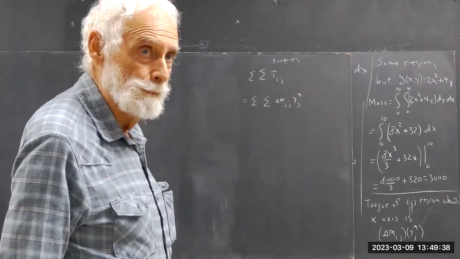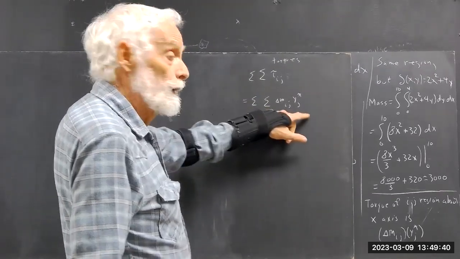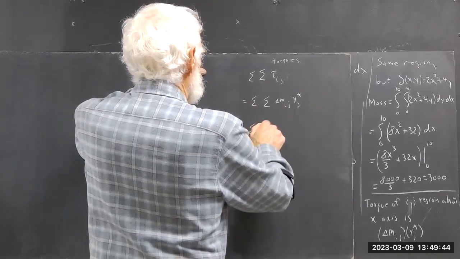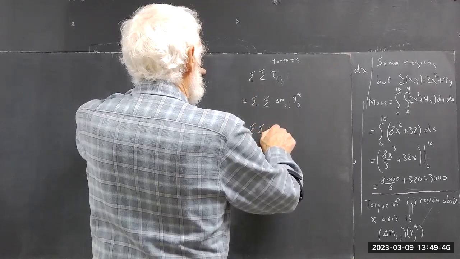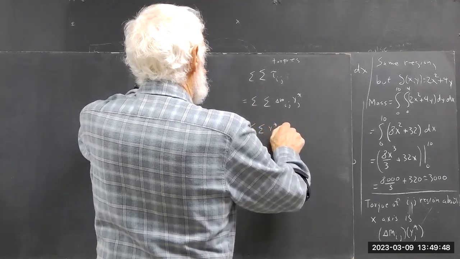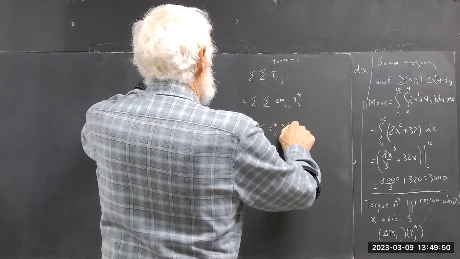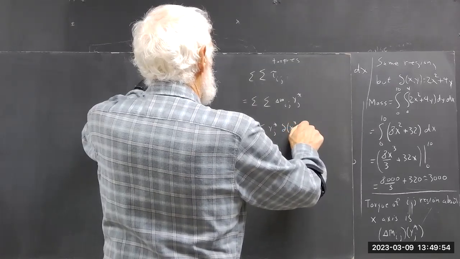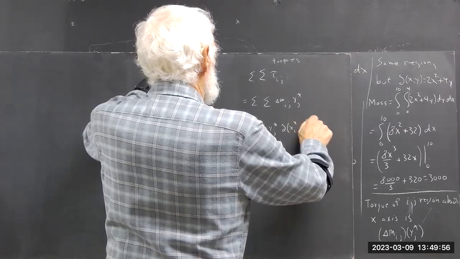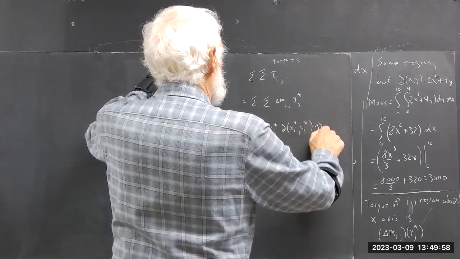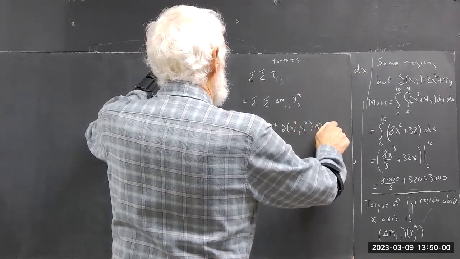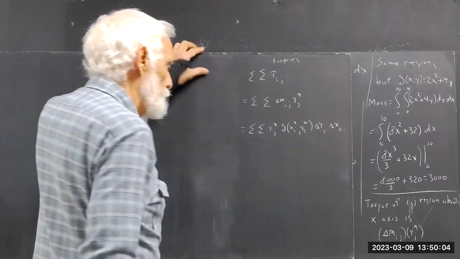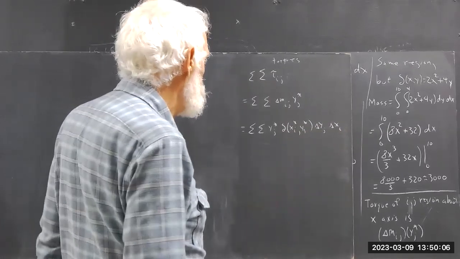Okay, sum of our delta m's times yj star, times your area.